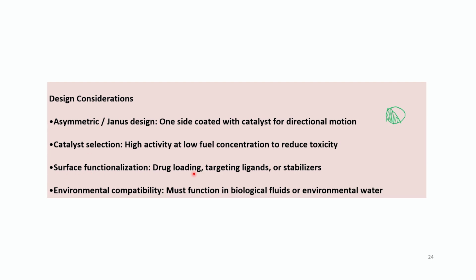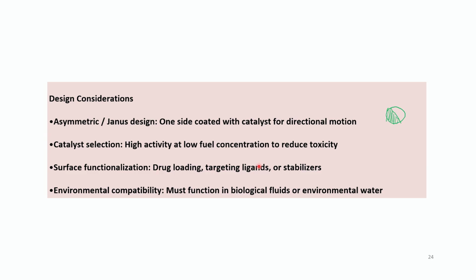Surface functionalization, which is drug loading, targeting ligands or stabilizers. For drug loading and targeting, there can be surface functionalizations, like if you want a particular drug to reach somewhere, you're going to surface functionalize your bots. That is, you're going to add some functional groups over it.